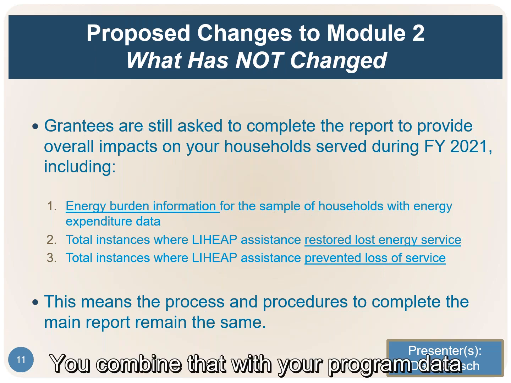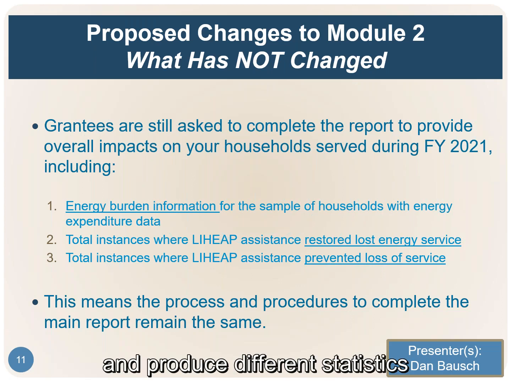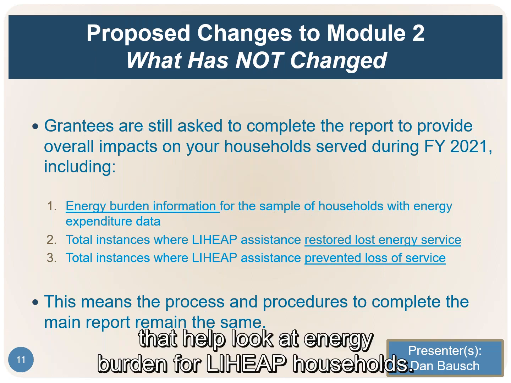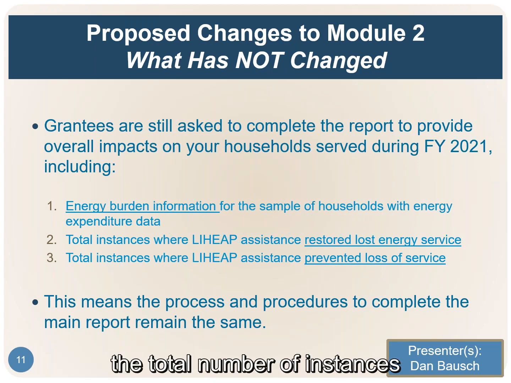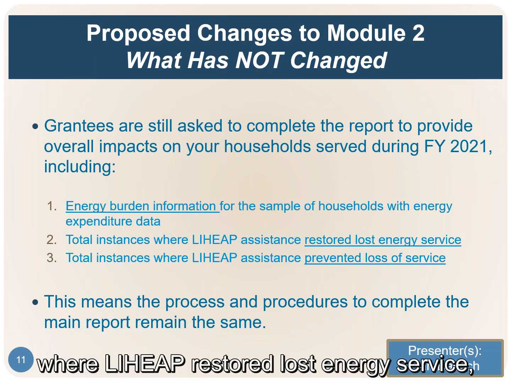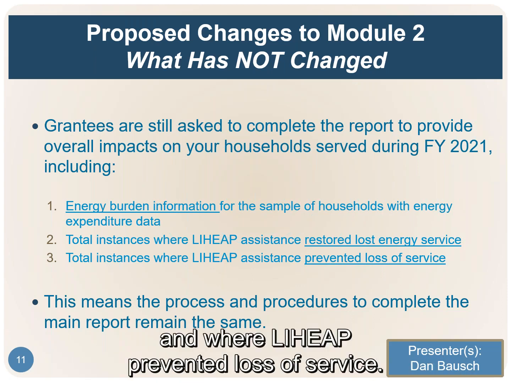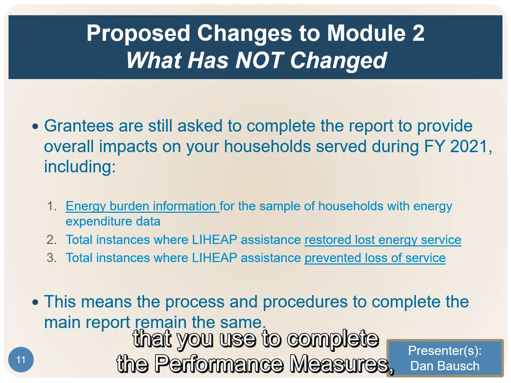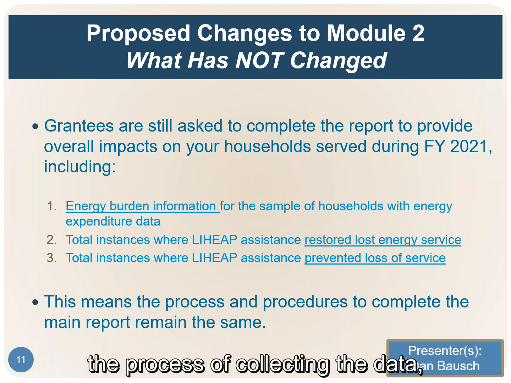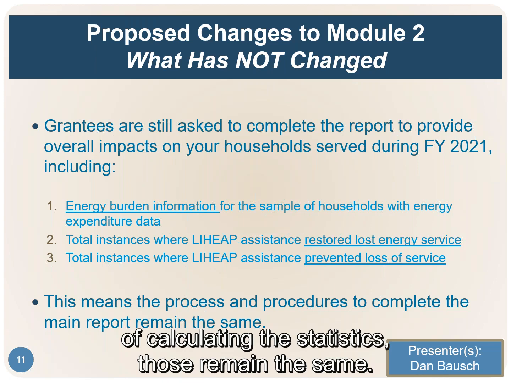You combine that with your program data and produce different statistics that help look at energy burden for LIHEAP households. And you're still asked to report the total number of instances where LIHEAP restored lost energy service and where LIHEAP prevented loss of service. So this means that the process and the procedures that you use to complete the performance measures, the process of collecting the data, of calculating the statistics, those remain the same.